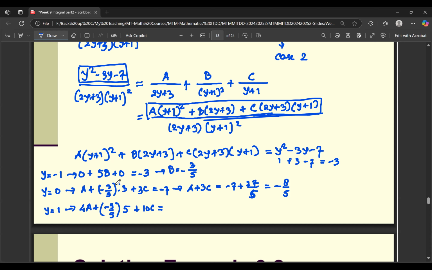and we will have 9 over 5, plus 9 over 5, what we have here, 9 over 5.